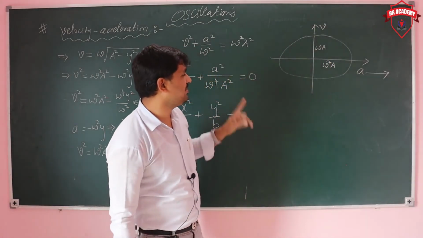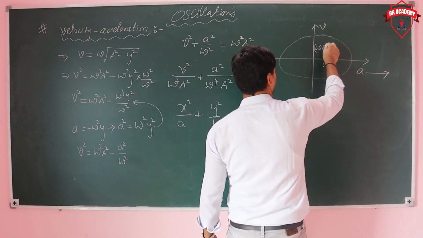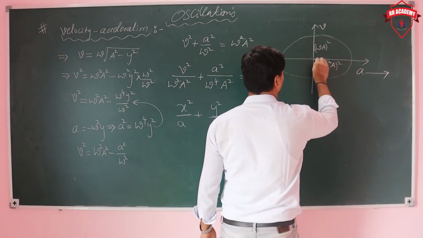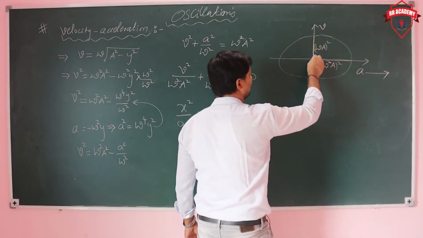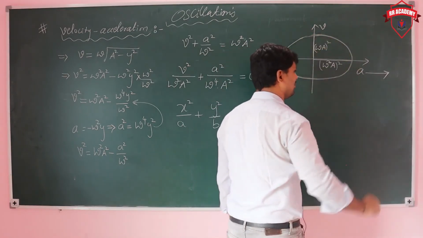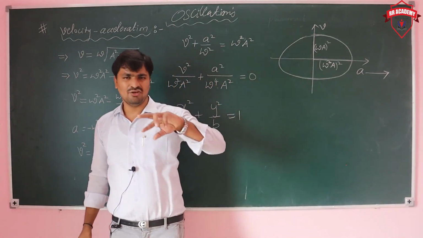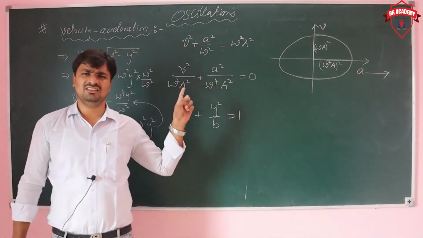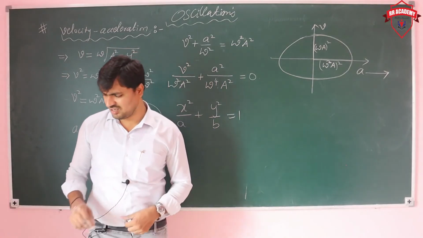That is a and that is b. So this is the graph between velocity and acceleration. Velocity-acceleration, velocity-displacement, and displacement-acceleration graphs.